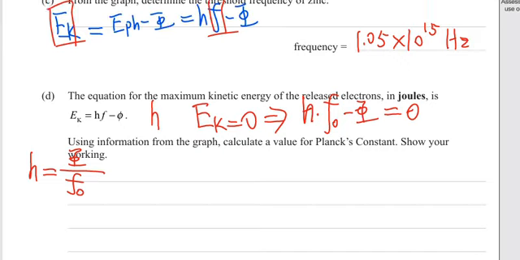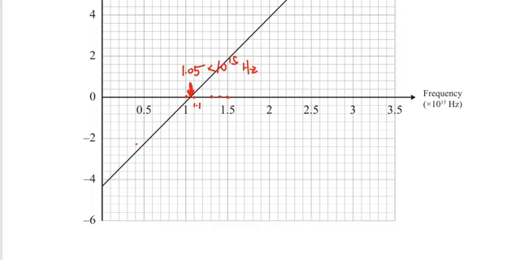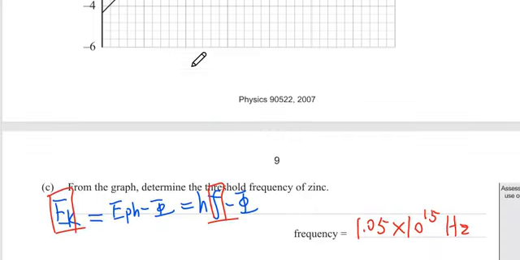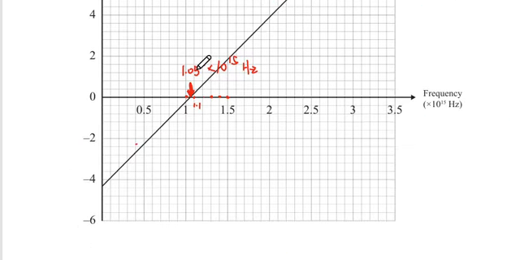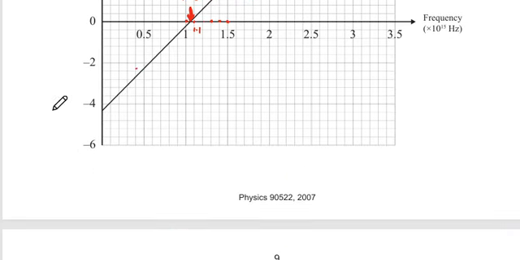Now the threshold frequency on this graph is the x-intercept, so it is going to be 1.05 times 10 to the power of 15. And the phi here, let's read it a little bit. This negative 4-something is going to be our negative phi.